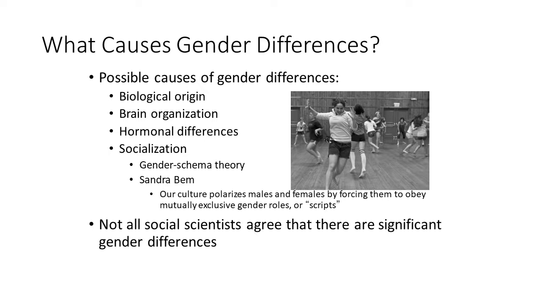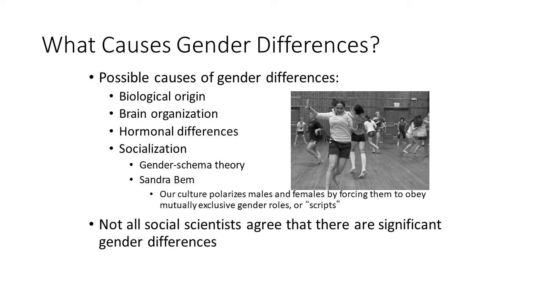These gender schemas are used to organize and direct the child's behavior based on his or her society's gender norms and expectations related to the child's gender. According to Bem, our culture polarizes these male and female scripts, hence forcing children to obey these roles. So at an early age, what are children doing? They're seeking out information to define their roles.